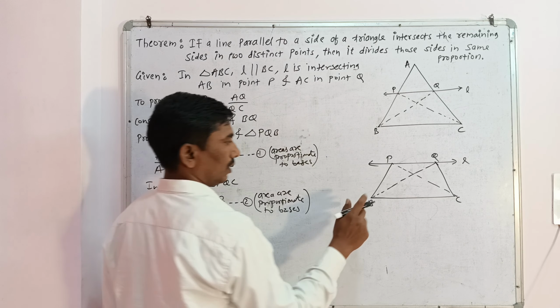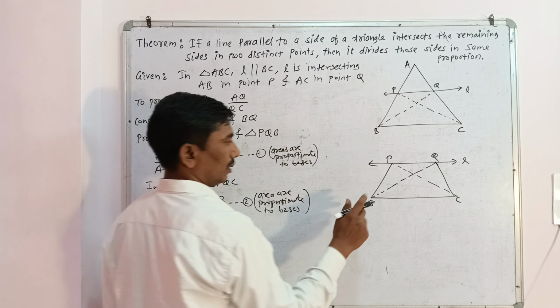Now you have joined this and also this. So you get two triangles, PQB and PQC. Now if you take these points B and C and hold them and put them over here, you will have a diagram like this.